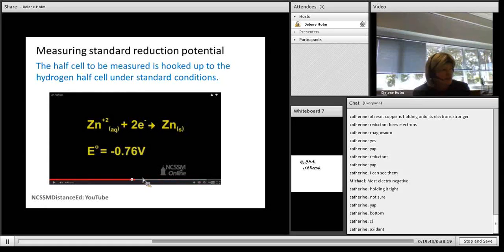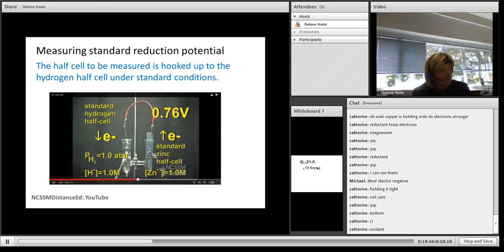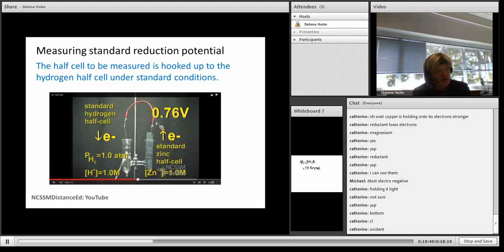And I'm just going to go back a bit. So if we put a voltmeter in here, that comes as a positive value, but what we find is we want always hydrogen to act as a reduction.